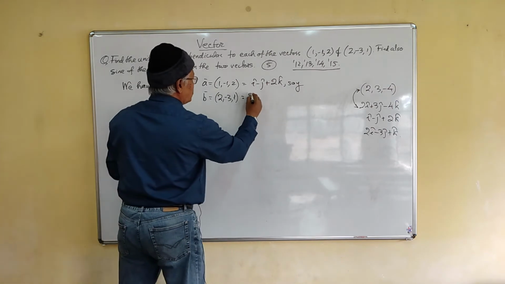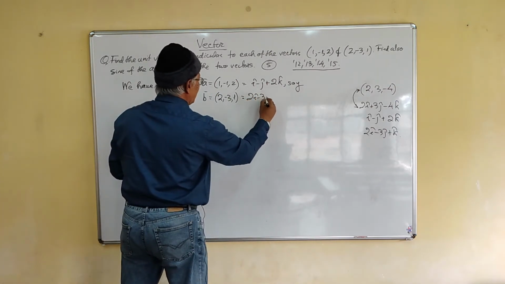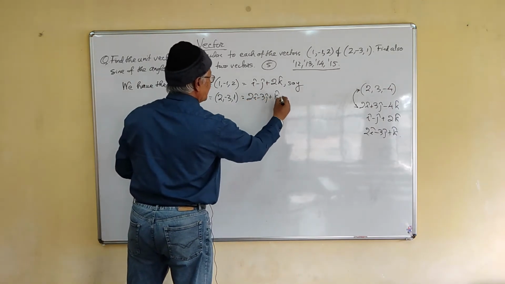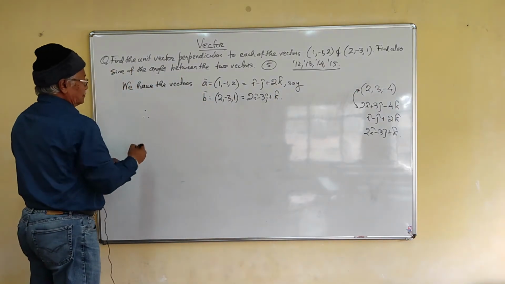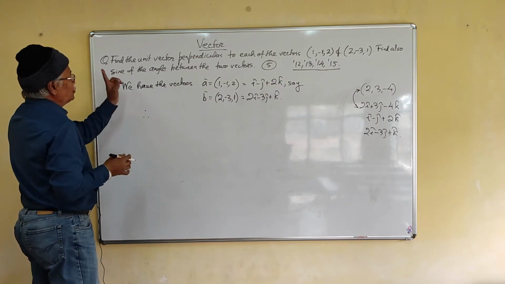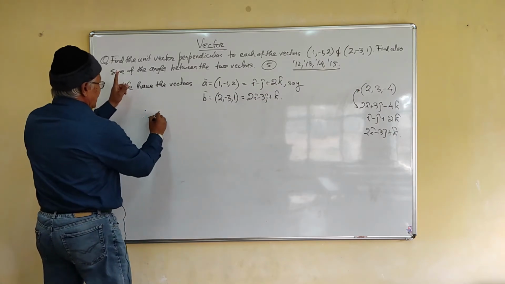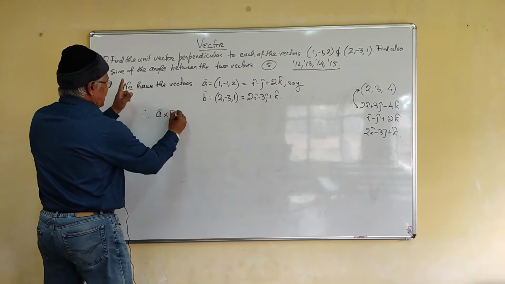So that gives you 2i minus 3j plus k, right? So therefore, you have to find A cross B.